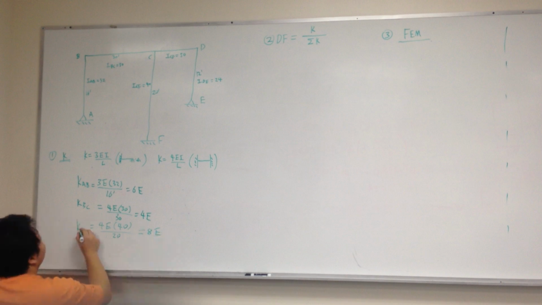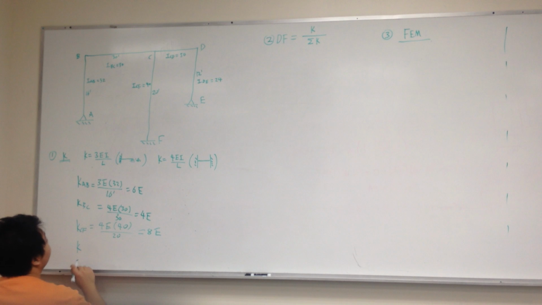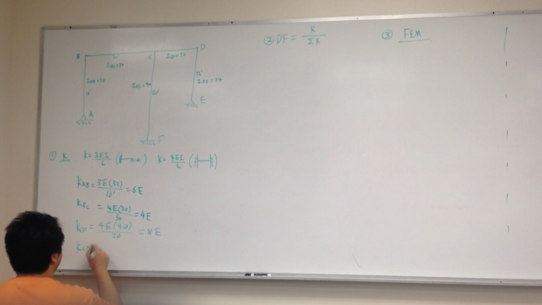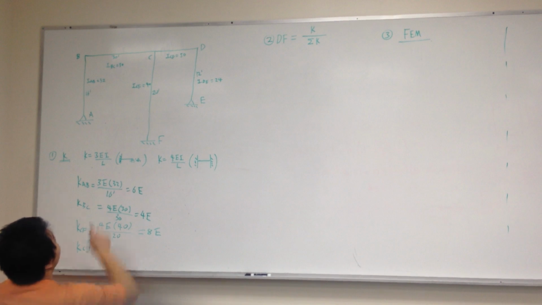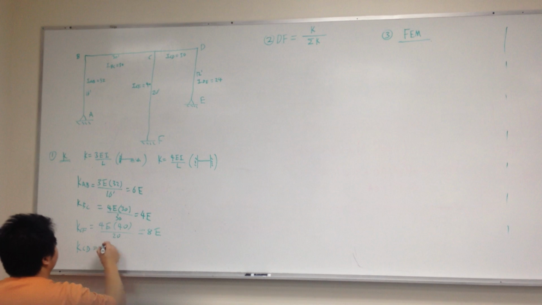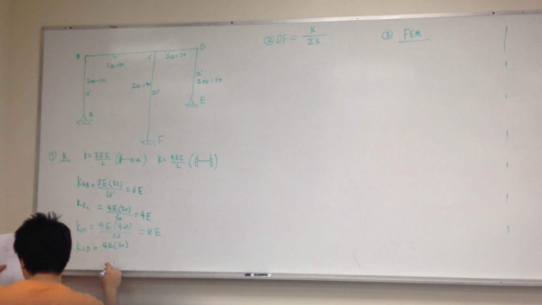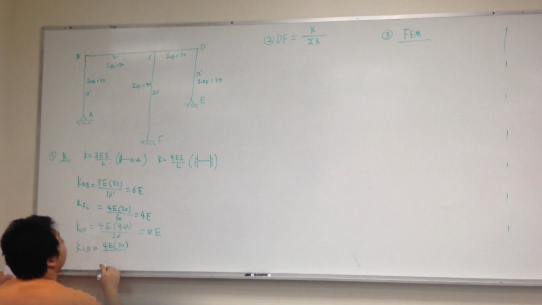And for KCD, you're going to have fixed and fixed, so you use this: 4EI, I is 30, and the length is 24, divided by 24. There's no negative or positive? No, K is not positive or negative.